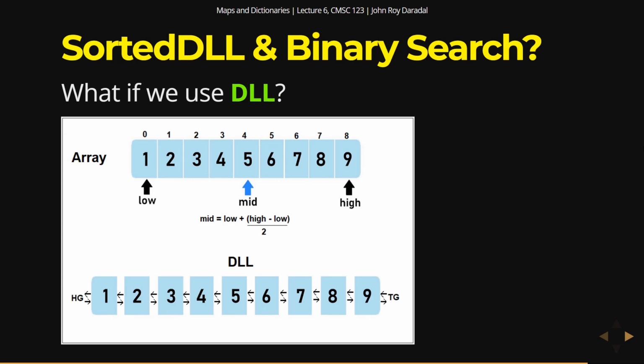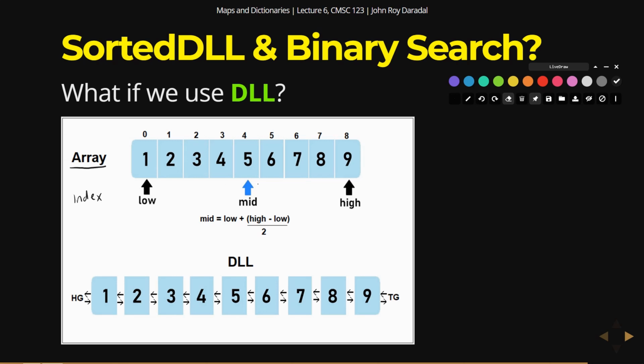Okay, so we have the example here, right? So the thing that makes it work for an array with the binary search is that you can access the indices right away, right? So you can have access to the mid index, the low and the high. You can update them. And how do you know the mid?